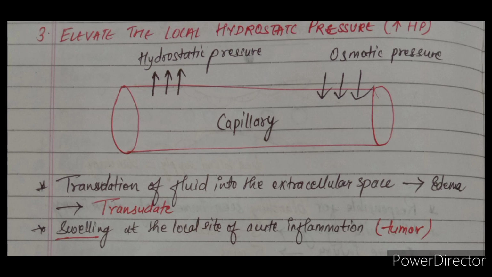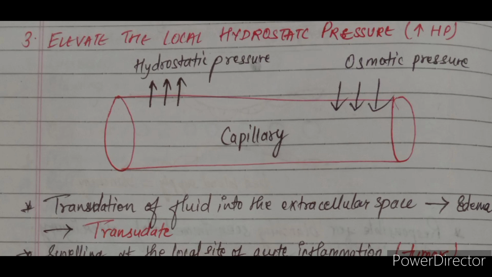Swelling at the local site of acute inflammation is known as tumor, which is one of the cardinal signs. So tumor, the cardinal sign, is seen in the third step of vascular events, that is increased hydrostatic pressure. So let us stop here at the third step of vascular events.